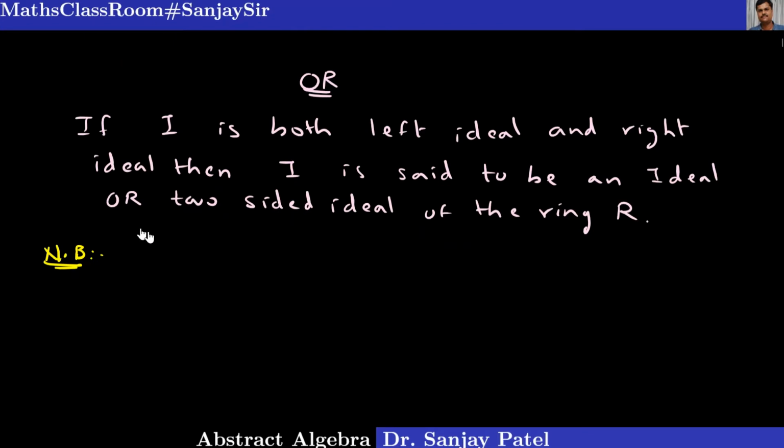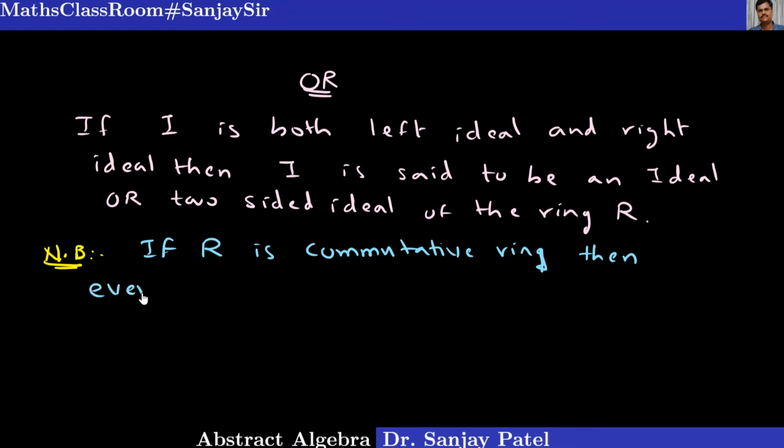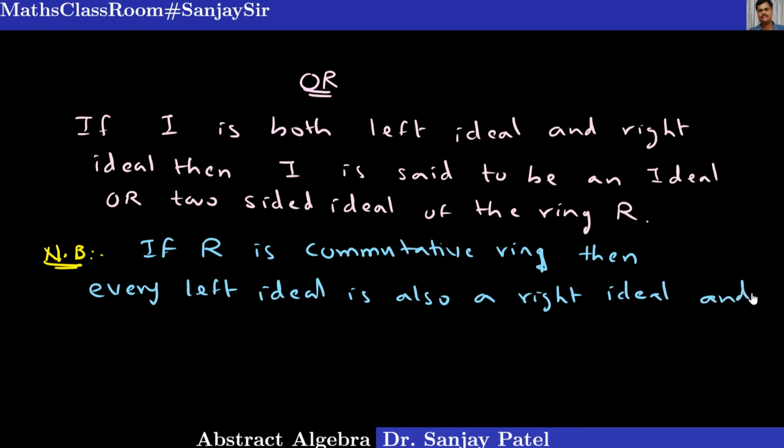Note that if capital R is a commutative ring, then every left ideal is also a right ideal, and vice versa.